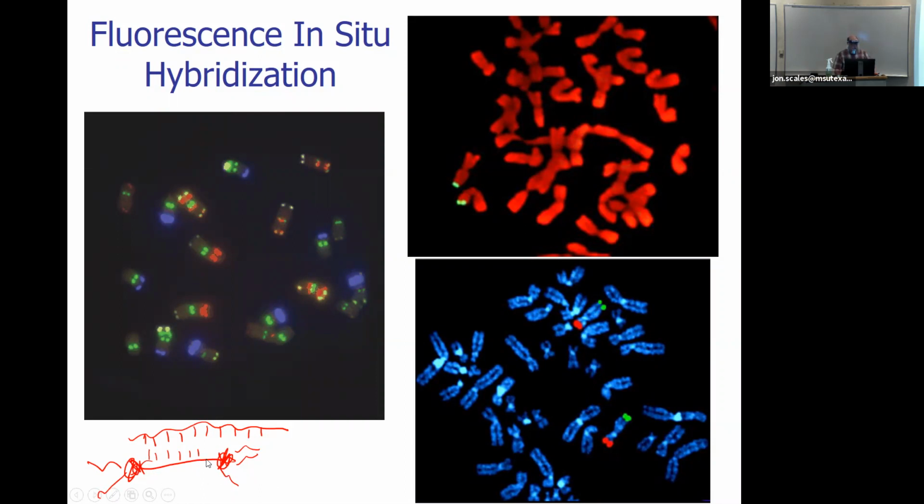And so the probe will stick to the complementary sequence of the DNA. So it's basically going to take one strand of the DNA and stick it to its other complementary strand. So the probe will find its complementary sequence. Well, if it's fluorescent or radioactive, then you could use that to detect where it's stuck.